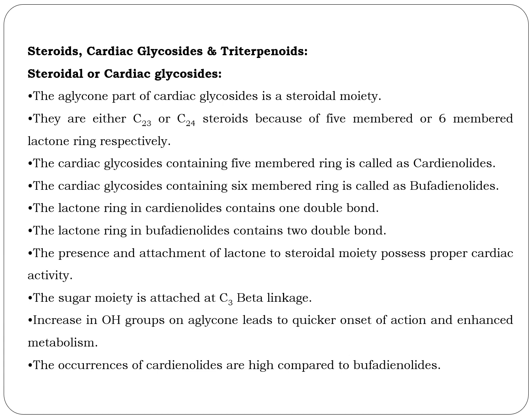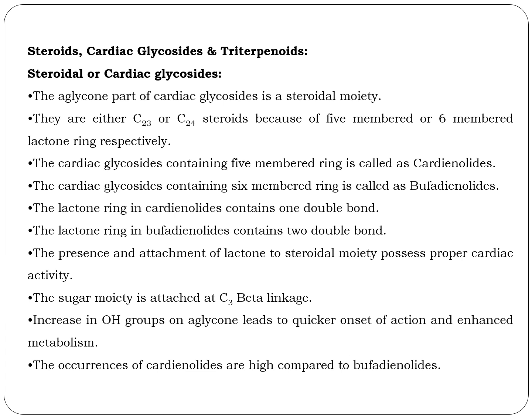So the next part, after lignans and flavonoids, let us see about glycosides of steroids. Steroidal or cardiac glycosides: the aglycone part of cardiac glycosides is a steroidal moiety. They are either C23 or C24 steroids because of a 5-membered or 6-membered lactone ring respectively.